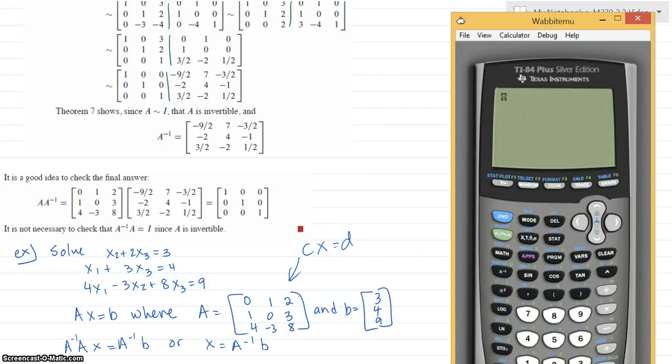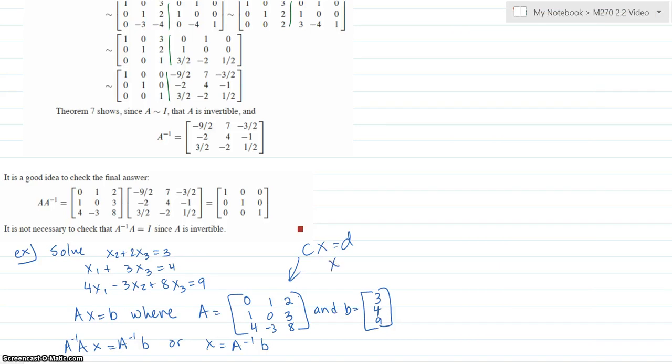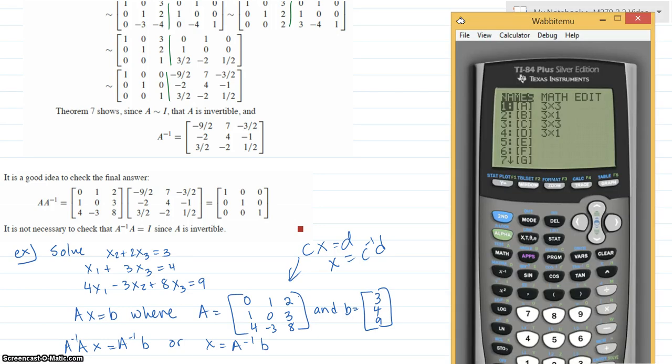Go back to matrix. So now we have CX equals D. So I'm going to really have X equals C inverse times D, aren't I? So I'm going to do C inverse first.